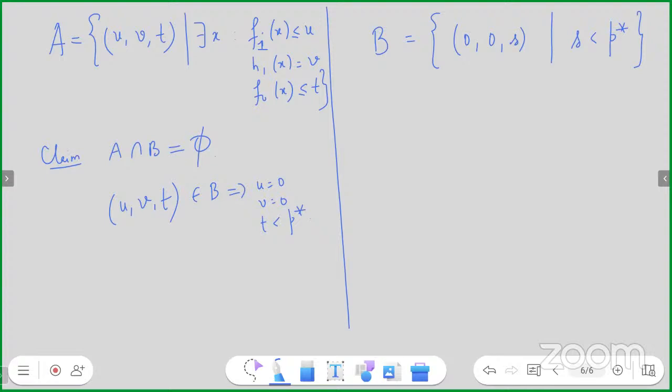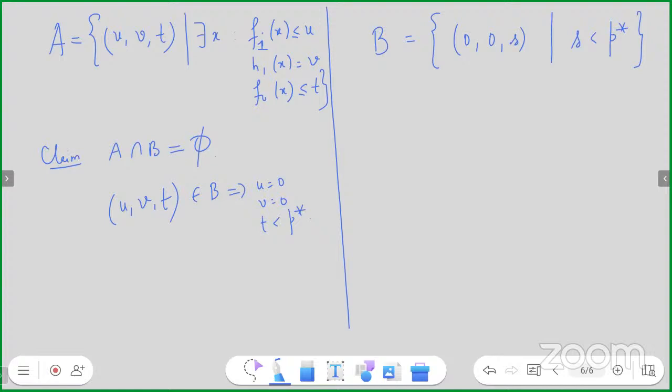So it cannot happen that t is less than P star.